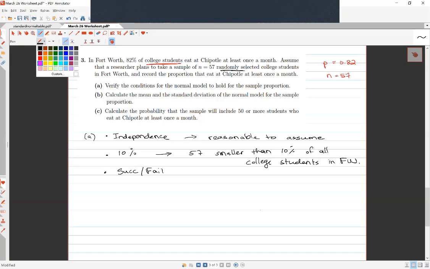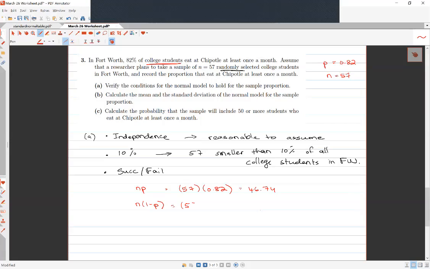Success-failure, this is where we have to do a little bit of math again. We have to calculate n times p, and we have to calculate n times 1 minus p. So 57 multiplied by 0.82. If you do that calculation, you will get 46.74.